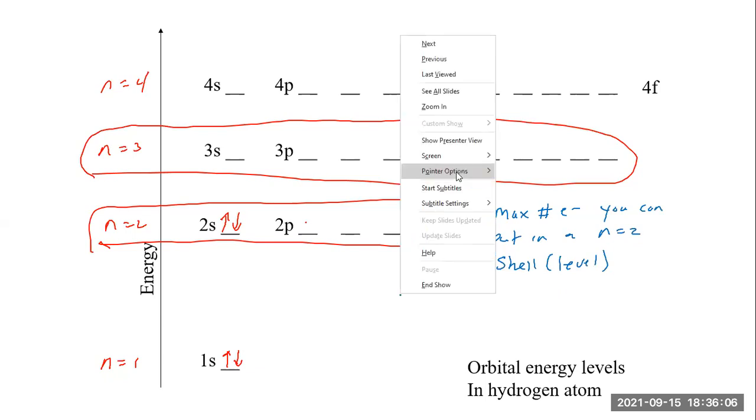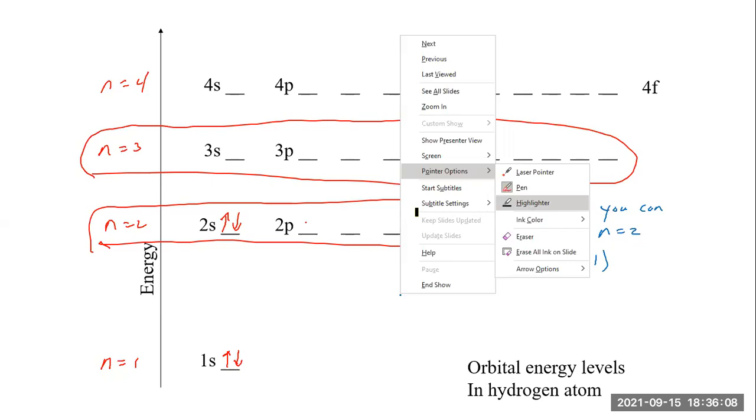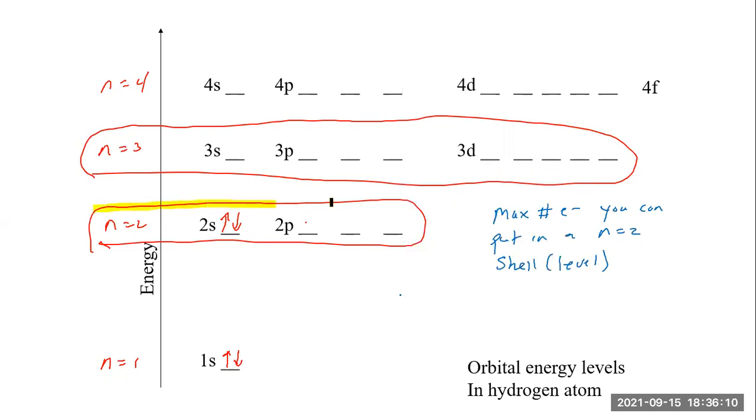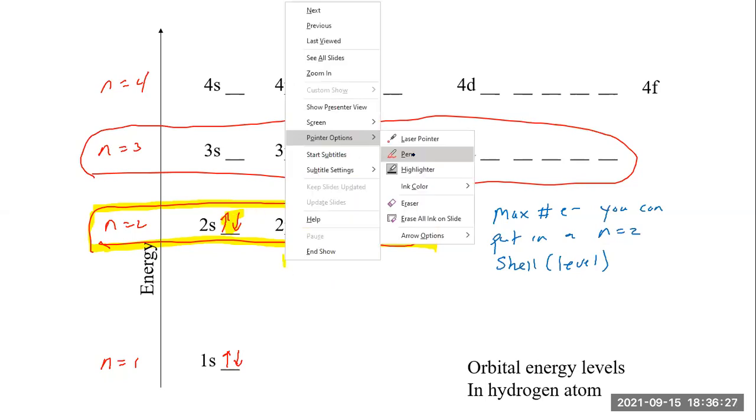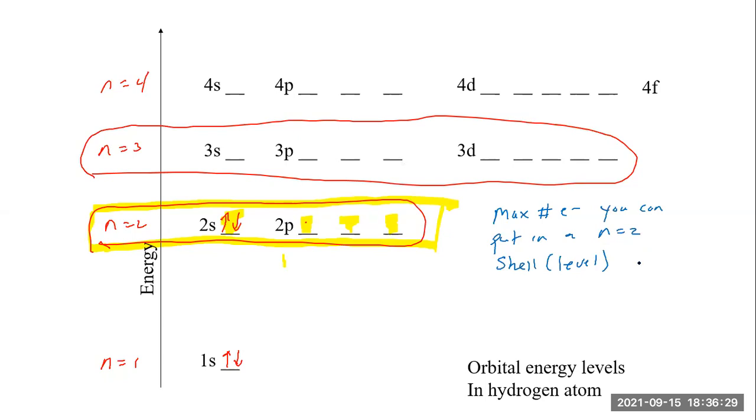We are talking about the n equals 2, which means we're talking about every single orbital that is on the second energy level. And that means that I could put 2 electrons here, 2 more here, 2 more here, and 2 more here. And that's a grand total of 2, 4, 6, and 8 electrons. So if I filled up the entire n equals 2 shell or level, you could put a maximum of 8 electrons.